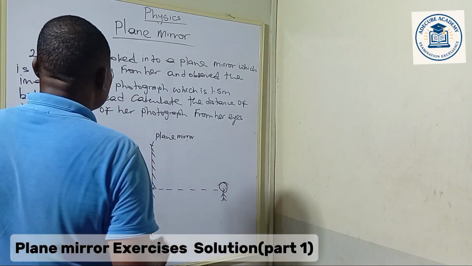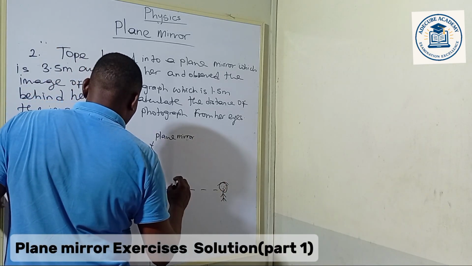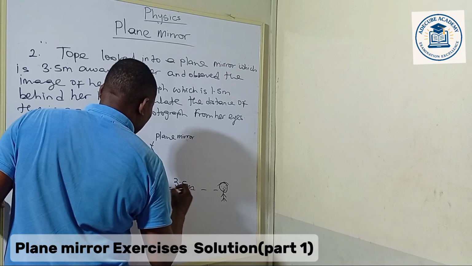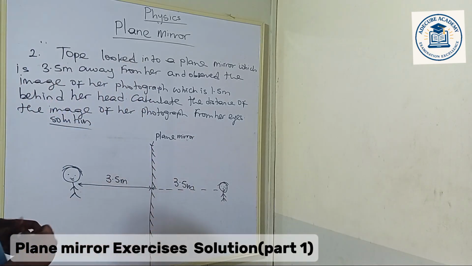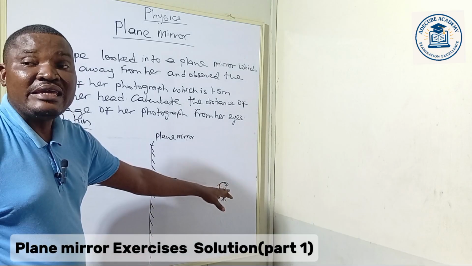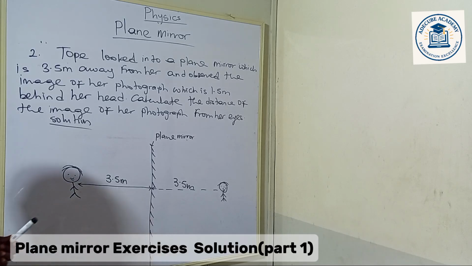Of course, it's going to be the same distance away from the mirror. So this is another 3.5 meters away. This simply means that the distance between Topper and her image will be 3.5 multiplied by 2, and that will give us 7 meters.